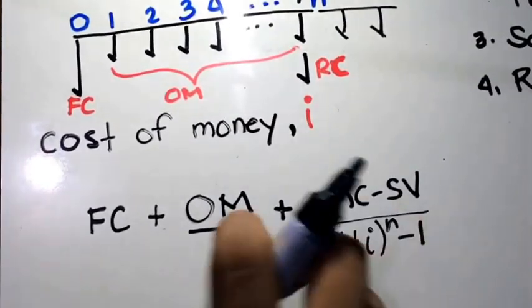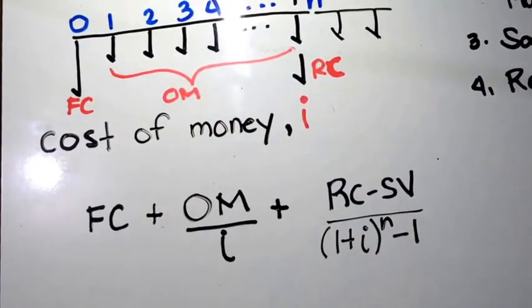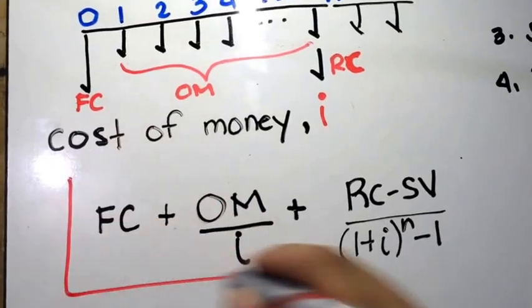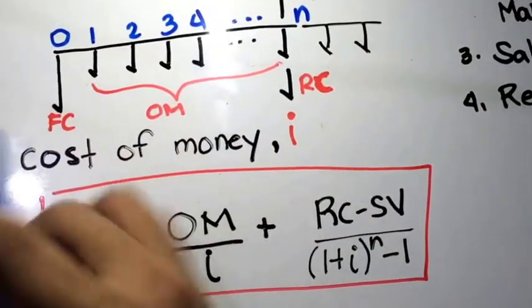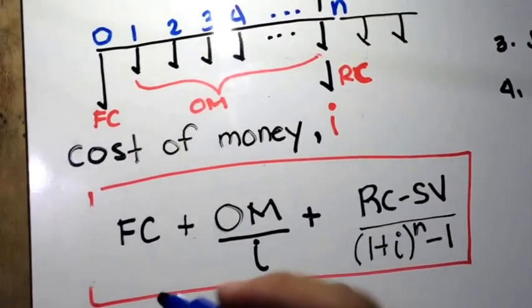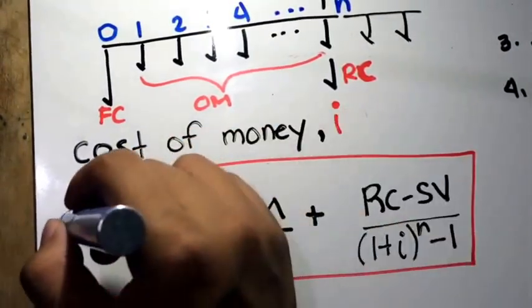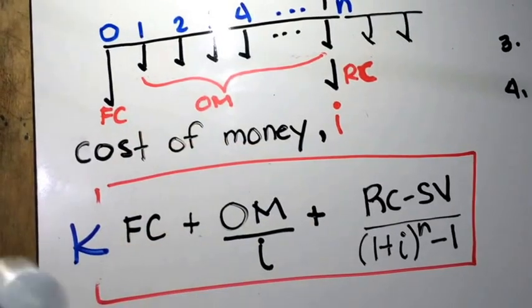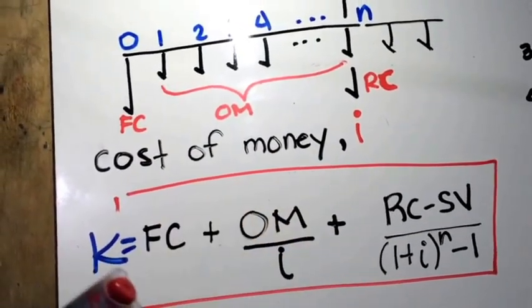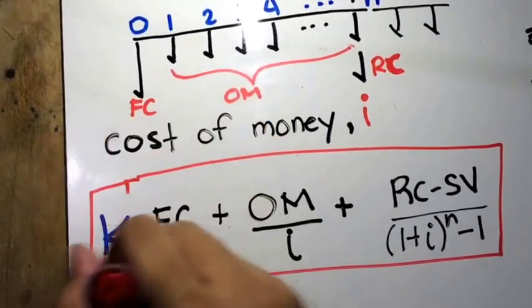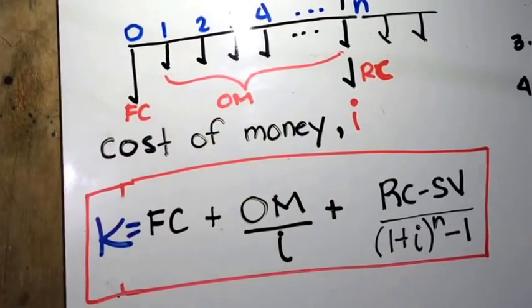This expression is what we call our capitalized cost. So this is the capitalized cost. Let's represent the capitalized cost as letter K.